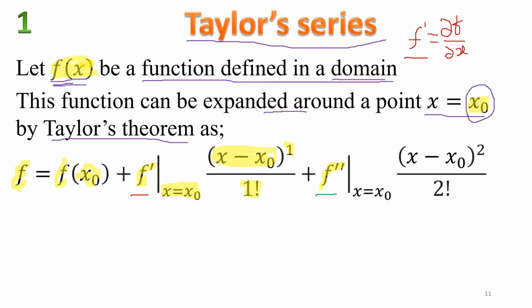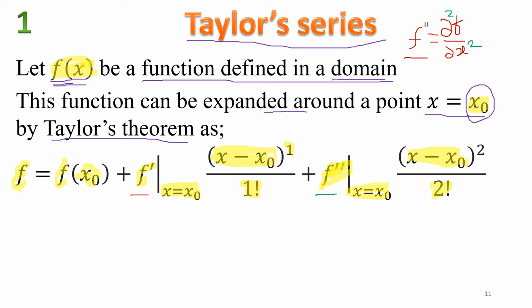For this quantity we make one more dash, and this is del 2f by del x square. So this is how the second derivative is written here. This is also worked out at the point of interest x equal to x0, into (x minus x0) whole square. So how far you are going from the central point, that squared, divided by 2 factorial.